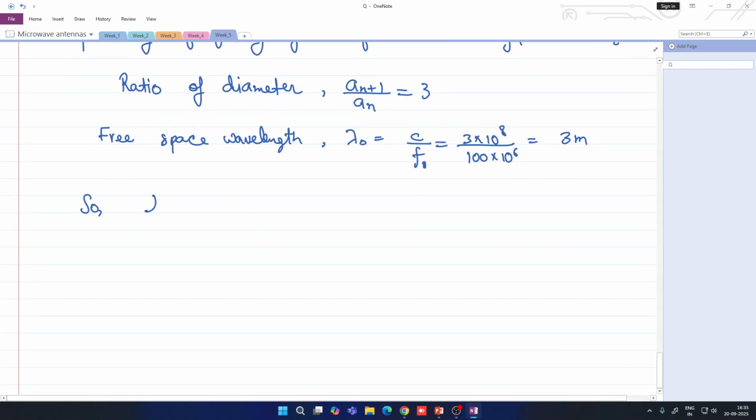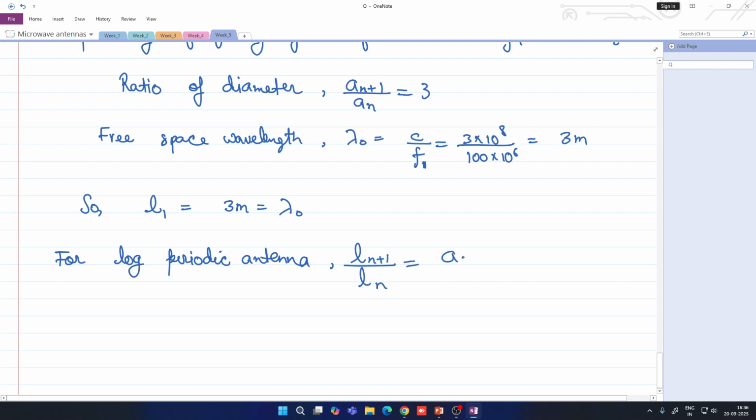So L1 is 3 meters, and so is lambda naught. Now for a log periodic antenna, the ratio of the length of the next element to that of the previous element, Ln plus 1 by Ln, is the same as the ratio of the diameters, which is tau, which is given as 3.